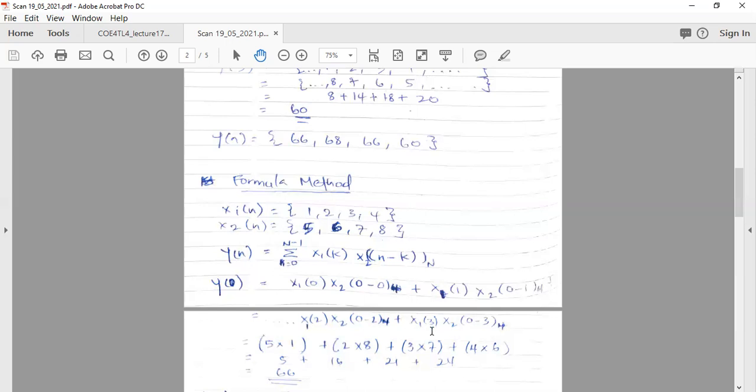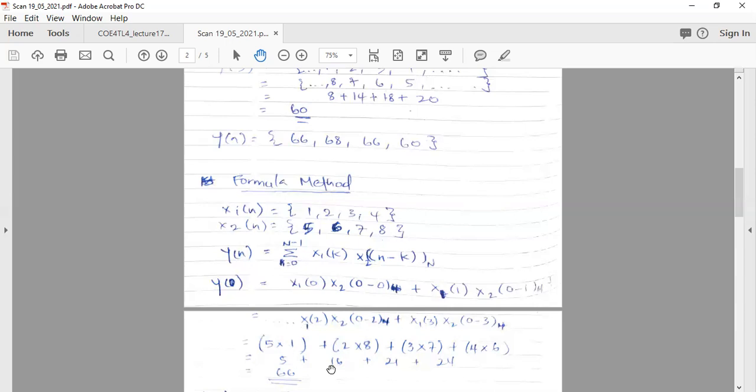Now you can see that x1 of 0 is given by 1. x2 of 0 is 5. So this particular term reduces down to 1 times 5, or 5 times 1, either way.